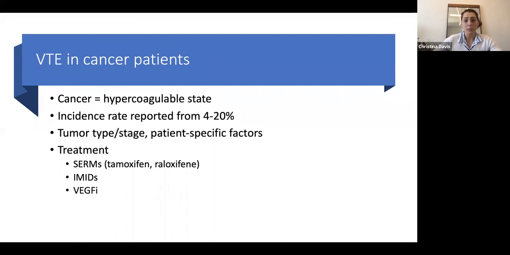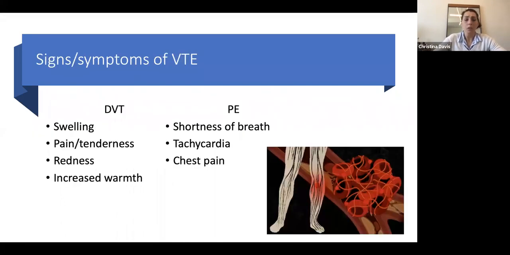And then VEGF inhibitors. So we know any drug that affects VEGF increases the risk for bleeding, but also increases the risk for clotting. So when you're seeing these patients who are starting an oral chemotherapy agent, and you say, okay, my patient's starting sunitinib, or my patient is starting tamoxifen, or whatever it is, if you know that they are already at an increased risk for having a blood clot, I feel like education up front on the signs and symptoms of VTE should be done.